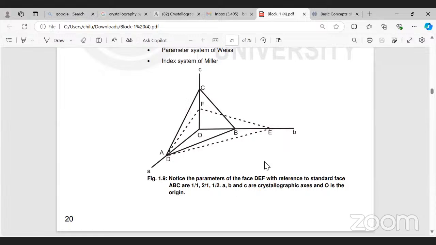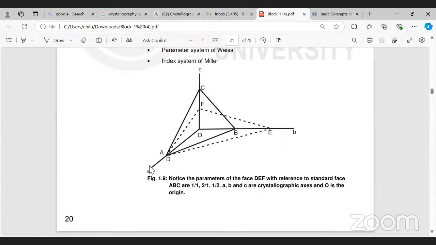So here the faces A, B, C are connected one by one, two by one, one by two. One by one means complete; the axis passes through the corner and covers the complete line.